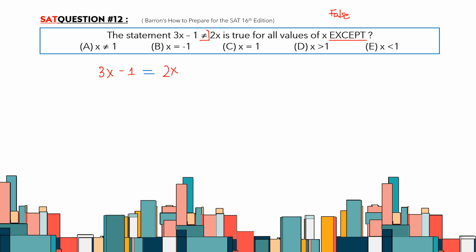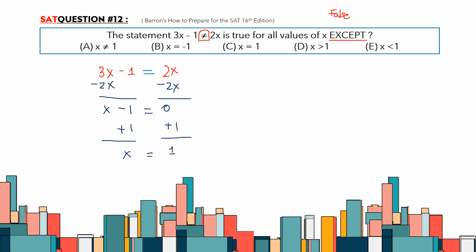Okay. So now we solve for it. Subtract 2x from both sides. We have x minus 1 equals 0. Then plus 1 on both sides. We'll have x equal 1.